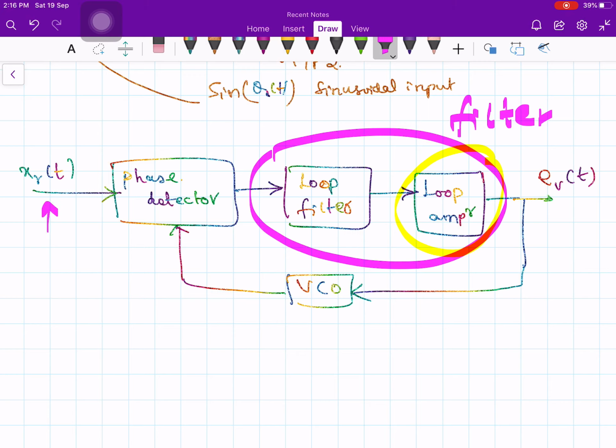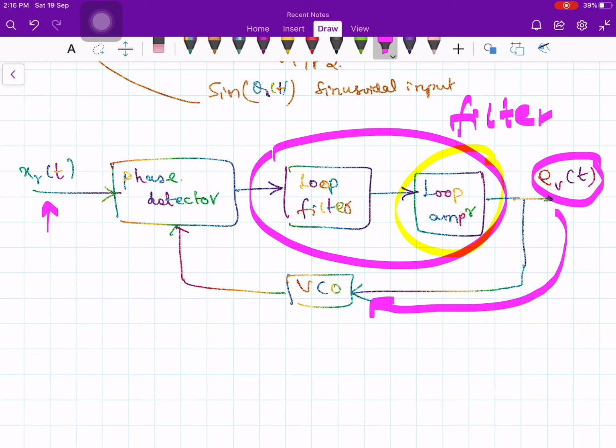Let's call this output E suffix V of t, and this E V of t is the input to your voltage controlled oscillator. We will see that under certain conditions your output E suffix V of t will be proportional to the message signal M of t.